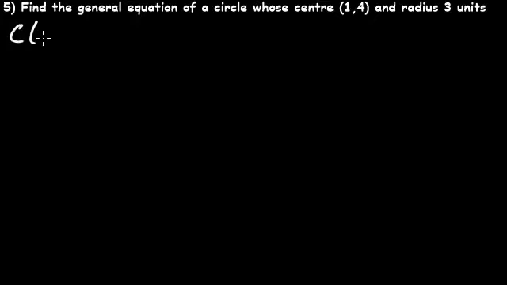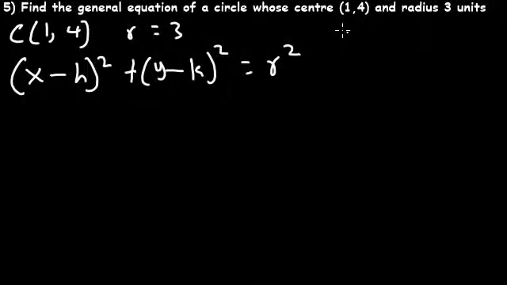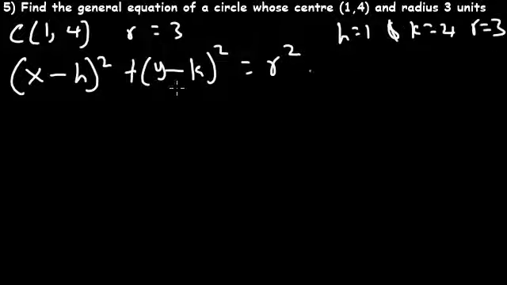Now the center is given as (1, 4) and the radius is 3. So from the standard form formula, we know that x minus h all squared plus y minus k all squared is equal to r squared. In this example, h is equal to 1 and k is equal to 4. Likewise, r is equal to 3.